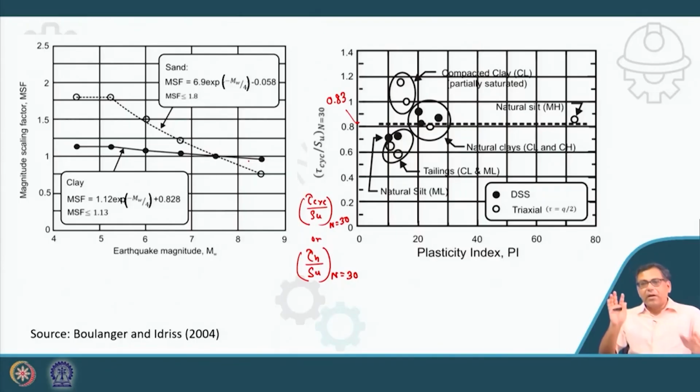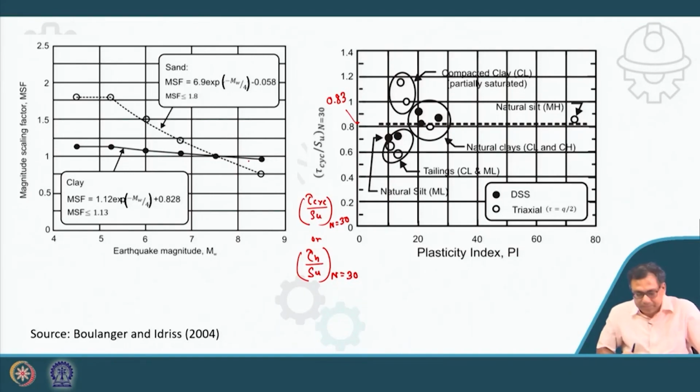So these are the three correction factors where I have given the difference between sand and clay. For one correction factor, it is not applied to clay, so it is only discussed for sand. But K alpha is discussed for sand and clay, and the magnitude scaling factor is also discussed for sand and clay.